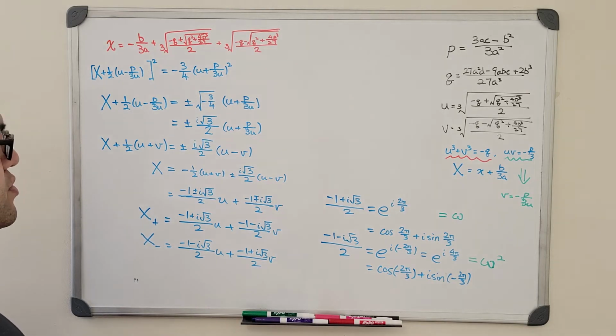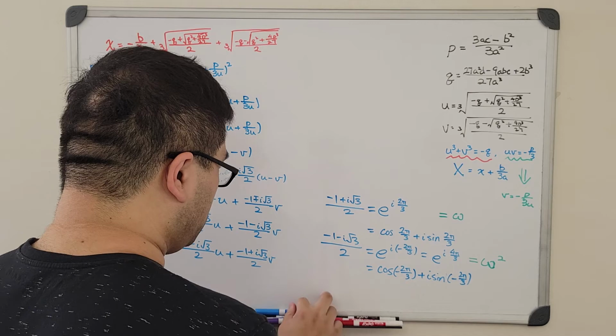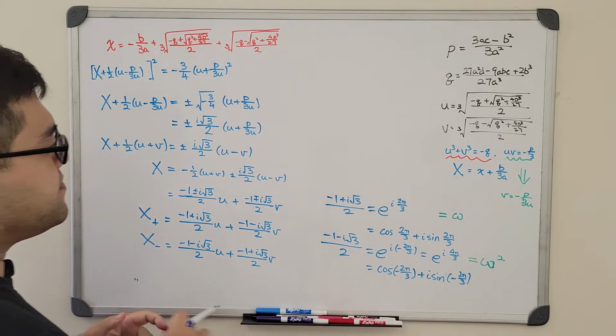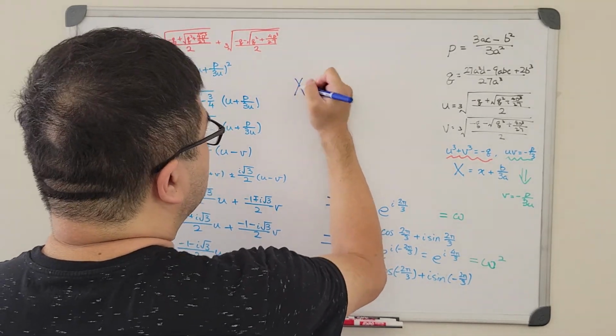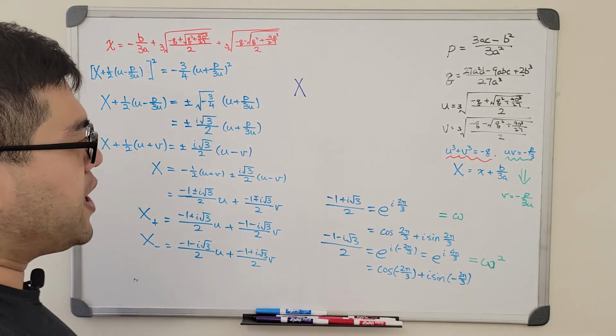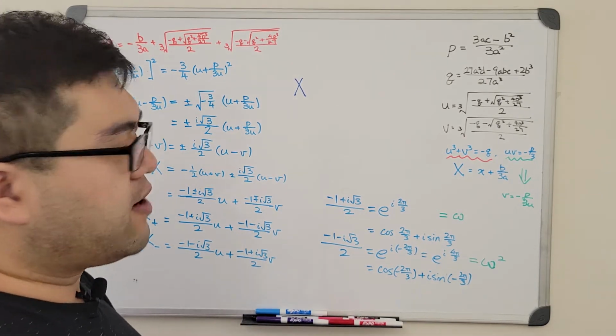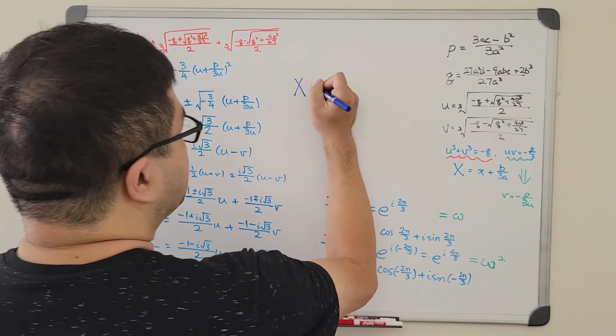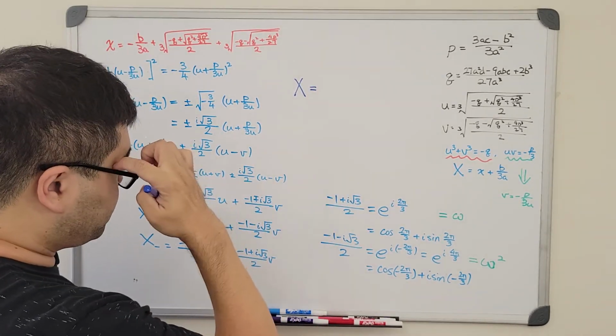So what does that do? That gives us the final result. If we consider capital X, and of course later on we'll move it back to lowercase x to finalize our solution, capital X has three results.